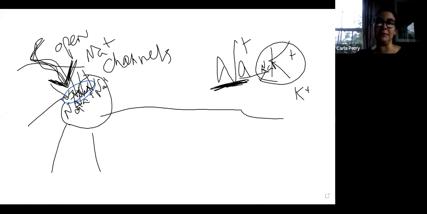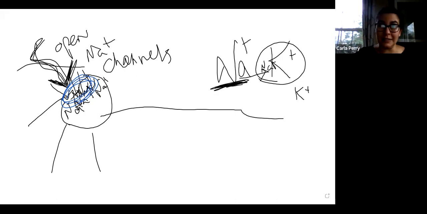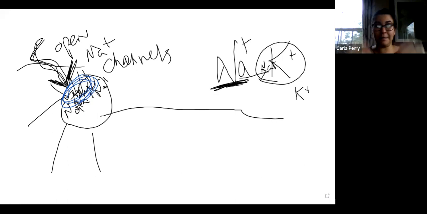So if a little bit of sodium comes in, maybe the inside right here goes from negative 70 millivolts to negative 69 millivolts. More sodium comes in, we go negative 69, negative 68, negative 67, negative 66, all the way up. You need the stimulus to keep the sodium channels open to have the sodium come in, okay?